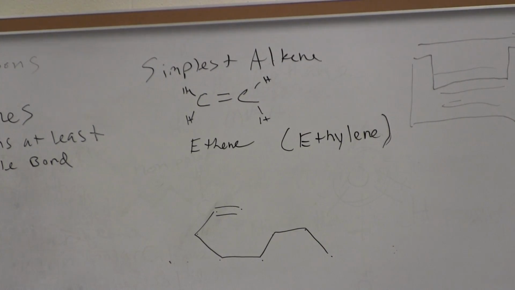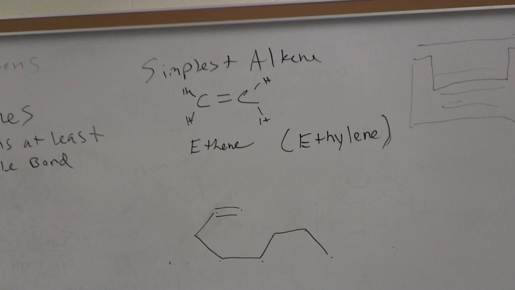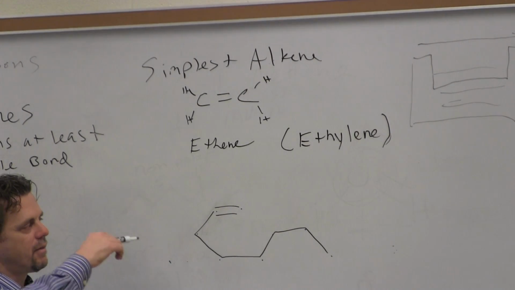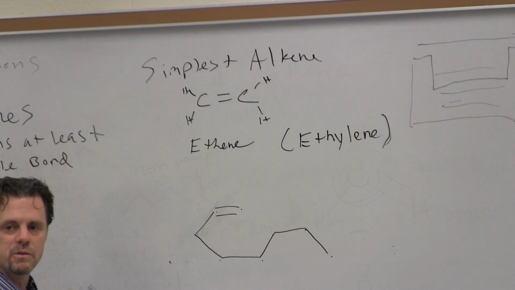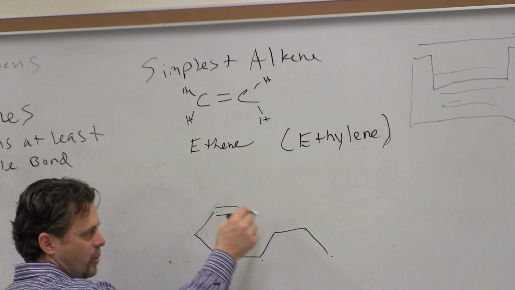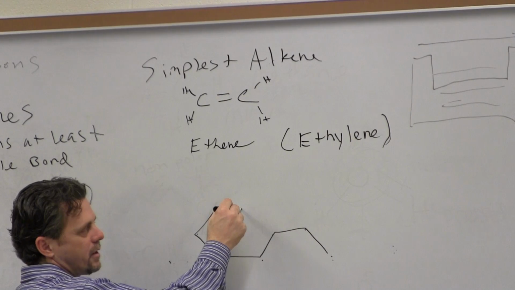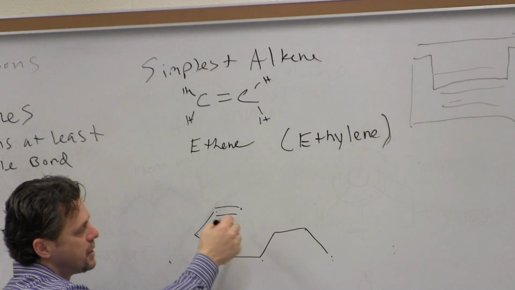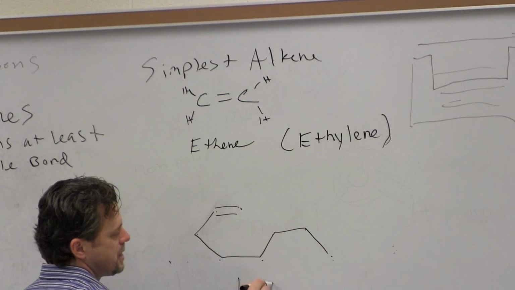So we know it's going to be a what right off the bat. It's 8 carbons. It's an octene. But now we have to tell where the position of the double bond is. And so we always number the chain such that the double bond is at the lowest possible number. So if we have a choice of calling this carbon 1 or this carbon 1, we're going to call this carbon 1 because that puts the double bond at the 1 position rather than at the 6 position. So this is just 1-octene.